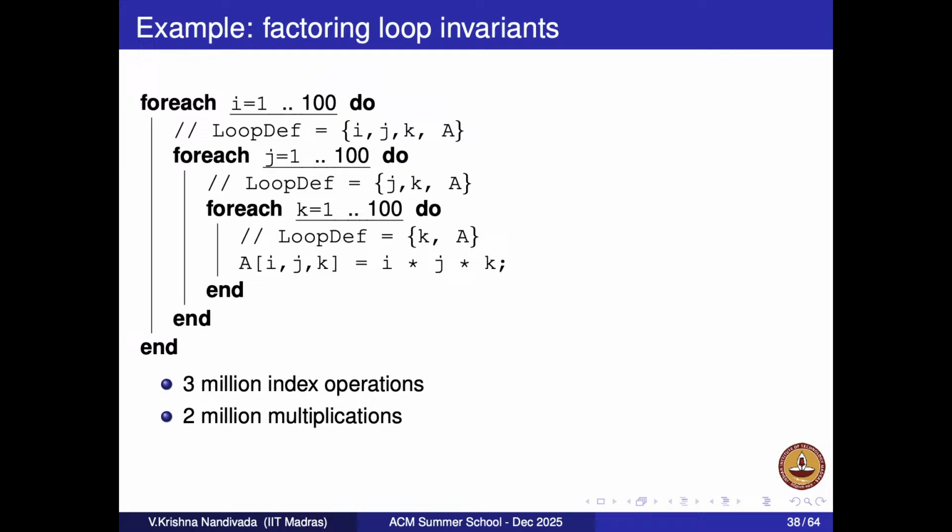So we'll come back to our previous example and identify loop defs. In the outermost loop, i is defined, j is defined, k is defined, and the array A is also changing. Second loop: j, k, A. Third loop: k and A. Can we actually move it outside? Let us say it is in one particular branch and we move it outside. Since that particular branch was to throw an exception, if we move it outside, it throws an exception before entering the loop itself.